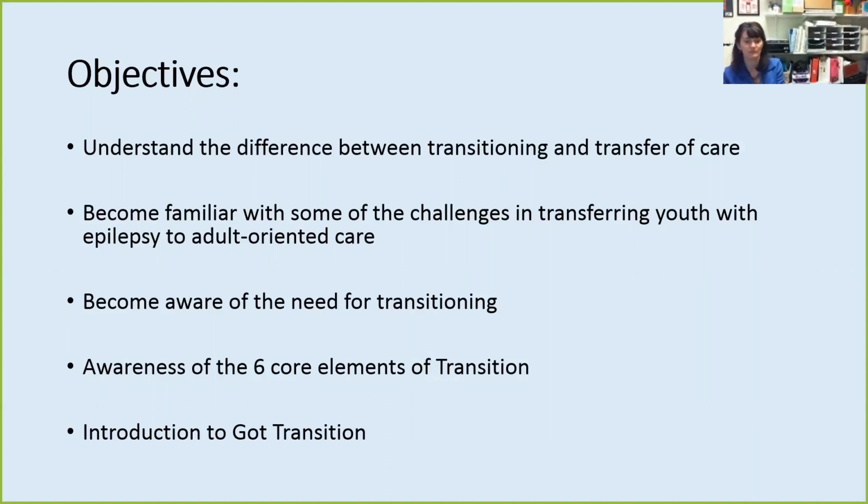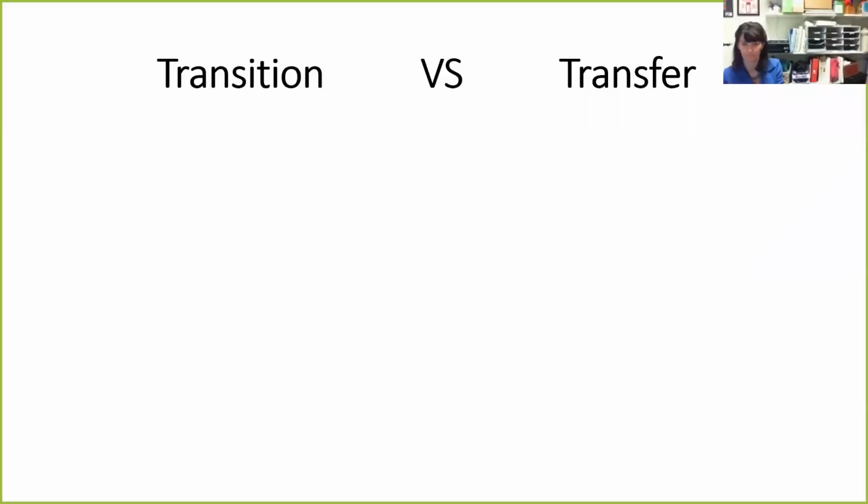And I will try to familiarize you or refamiliarize you with that organization and the resources on their website. They are one of our stakeholders in this project and work very closely with the Maternal Child Health Bureau and the AAP in implementing the 6 core elements of transition across practices.